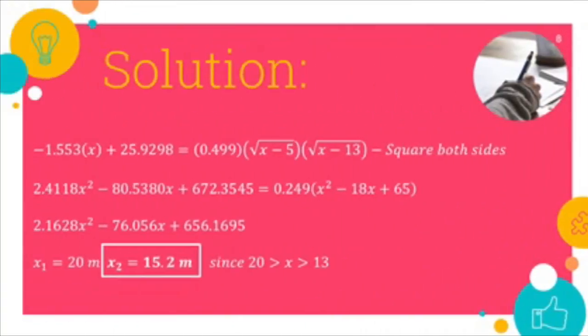We get an answer of negative 1.553 times X plus 25.9298 is equal to 0.499 multiplied by square root of X minus 5 multiplied by square root of X minus 13. And by squaring both sides again, we will get an equation of 2.4118 X squared minus 80.5380 X plus 672.3545 is equal to 0.249 times X squared minus 18X plus 65.